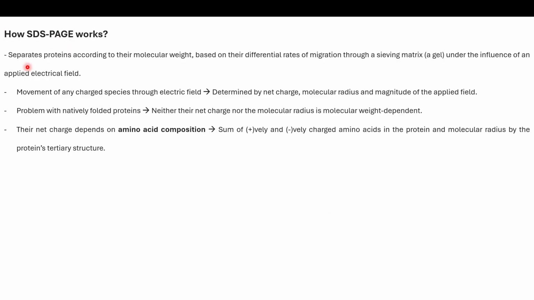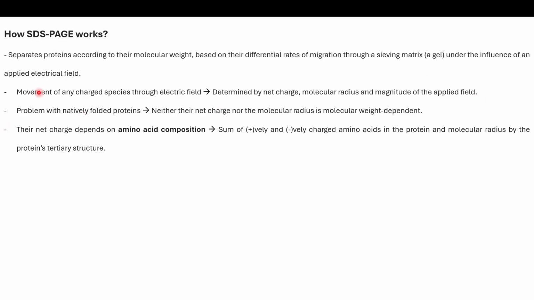It separates the proteins according to their molecular weight based on their differential rates of migration through a sieving gel under the influence of an applied electric field. Movement of any charged species through this field is determined by the net charge, molecular radius, and magnitude of the applied field. This complete set of slides is also there in the previous tutorial sessions.